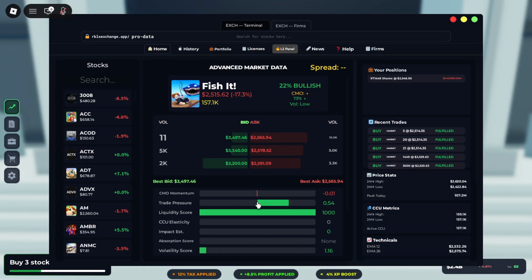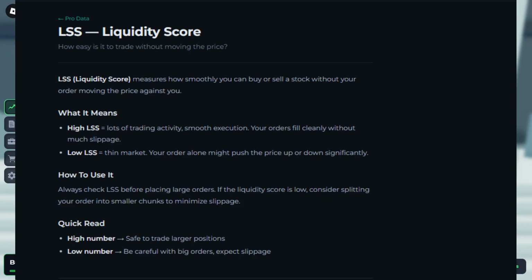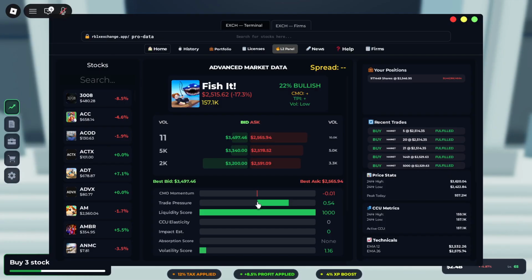Now we go on to the liquidity score, or the LSS. What does that mean, and how exactly can you use it? The liquidity score asks a simple question: how easy is it to trade without moving the price? This just means how smoothly you can buy or sell a stock without your order moving the price against you.